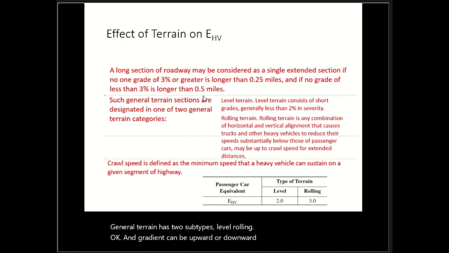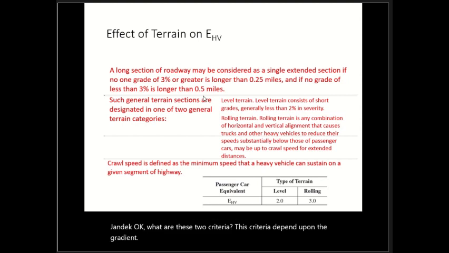Now how do I know whether I have a general terrain or extended gradient? For that they have given me 2 criteria. If I meet any one of these criteria, then I have extended gradient. If I don't meet any of them, then I have level or rolling, general terrain. What are these 2 criteria? They depend upon the gradient.